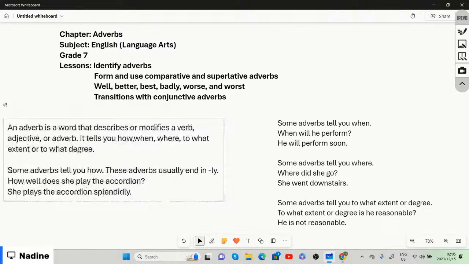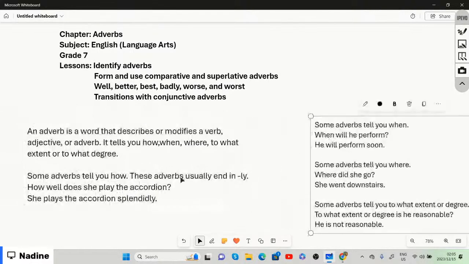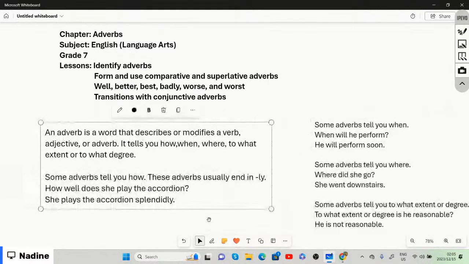We start off with what an adverb is. An adverb is a word that describes or modifies a verb. It basically tells us more about the verb. It modifies the verb, it modifies the adjective, or it can modify an adverb.